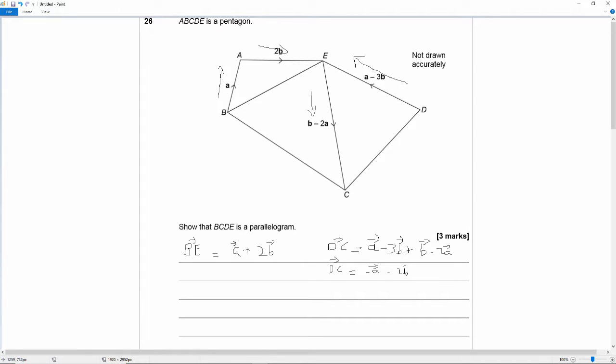Okay, and if I multiply through by negative 1, then DC becomes CD, which is equal to negative A becomes positive A, and negative 2B becomes positive 2B.